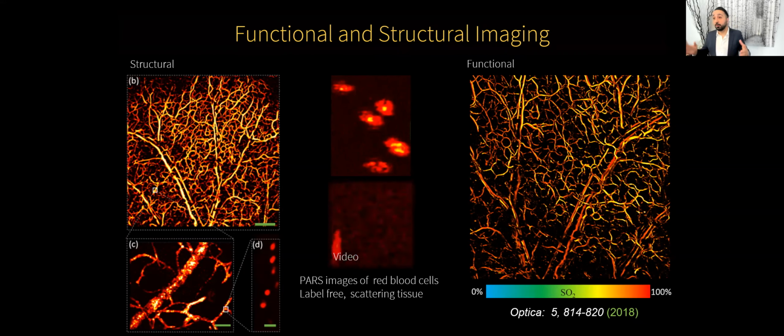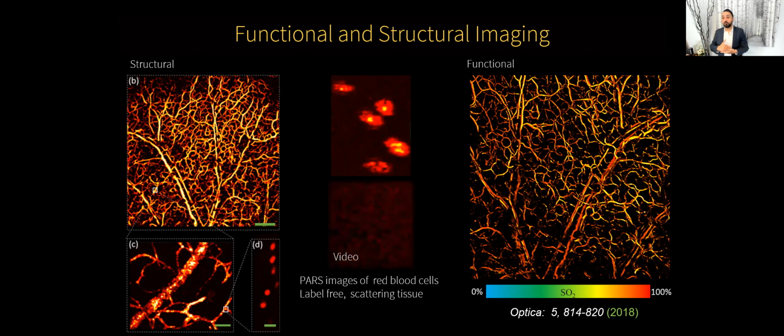We also can do functional imaging very accurately, and I'm going to mention why very soon, why photoacoustic and now PARS is much more accurate, in my opinion, than any other imaging modality out there. The idea is that here, we image the same field of view with at least 2 different wavelengths, and take advantage of the fact that oxy and deoxyhemoglobin have different optical absorption.